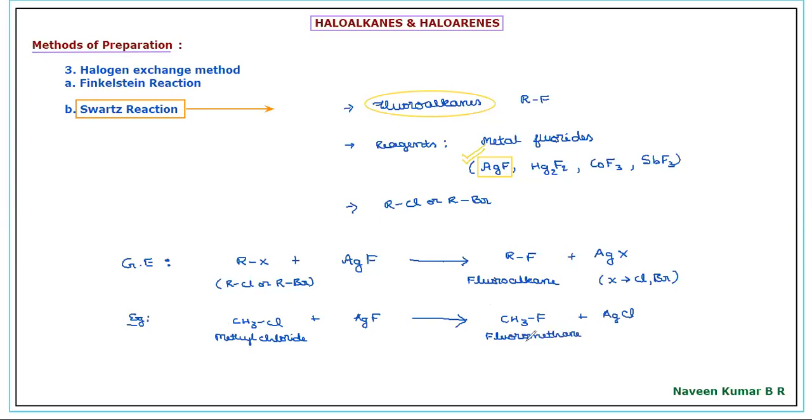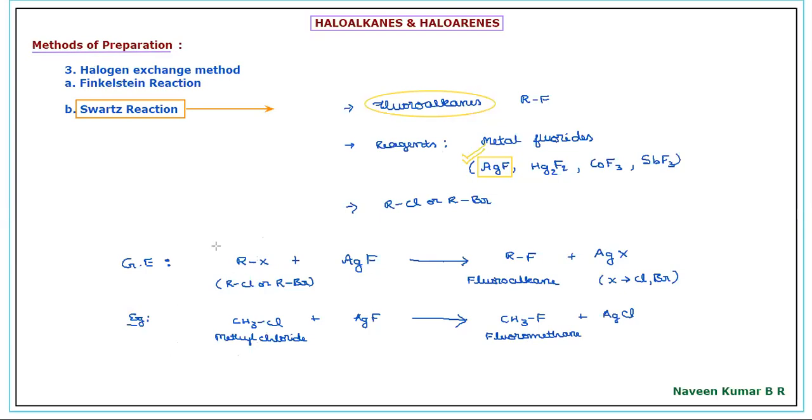Both the Finkelstein reaction and the Schwarz reaction seem to be the same, but one is for the preparation of iodides and the other is for the preparation of fluorides. Don't confuse between the two, remember it clearly. In Finkelstein, the second letter I you can remember for the preparation of iodides. And in the Schwarz reaction, it is for the most electronegative element containing halides, that is fluorides.